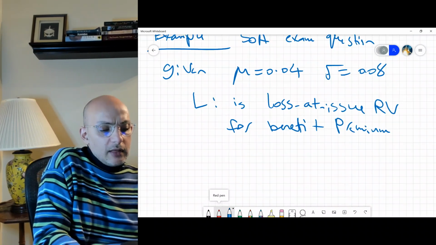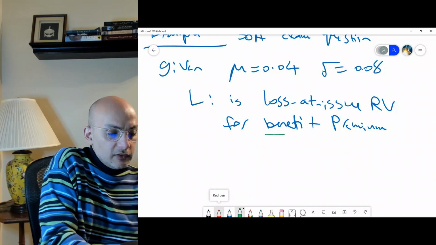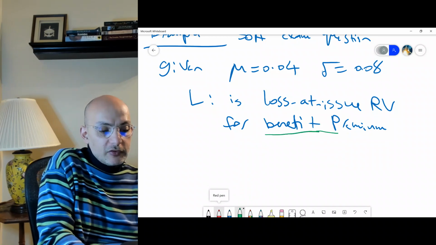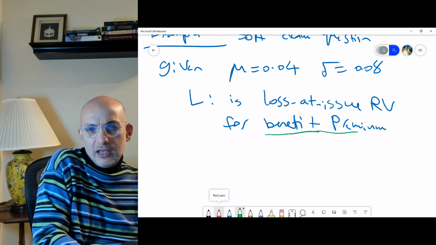So the way here it says benefit premium, benefit premium is the same as if we're saying using the equivalence principle. It's the same.